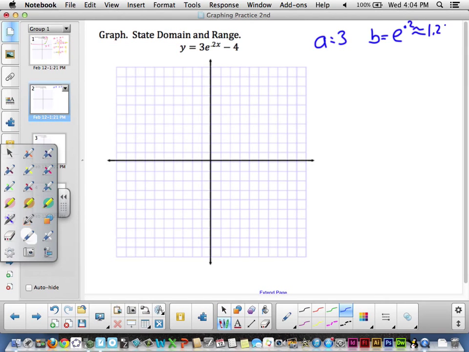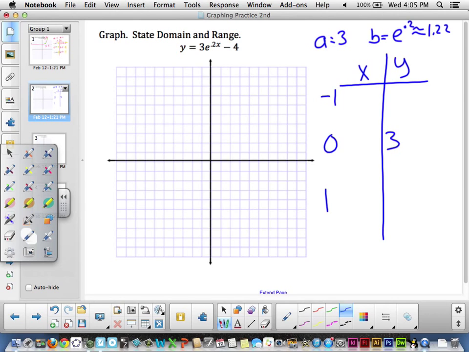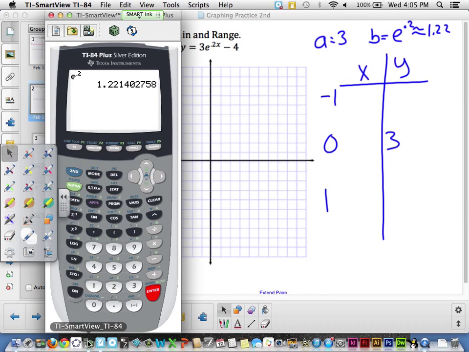All right, we'll make our XY table. I'm leaving some space because I know I'm going to add something to the x's. So that's why you see a big gap there. For my y's, we're going to start at 0 with 3. And to go bigger, we're going to multiply by e to the point 2.